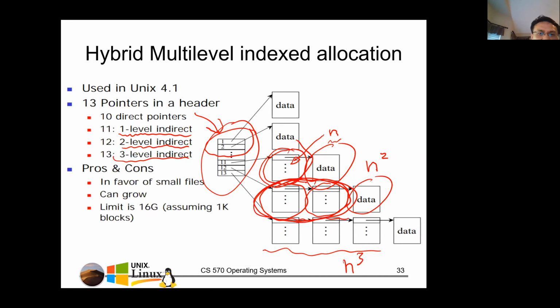So let's say each block has 1K bytes, okay? So N here is, let me see here. Sorry, give me 1 second.